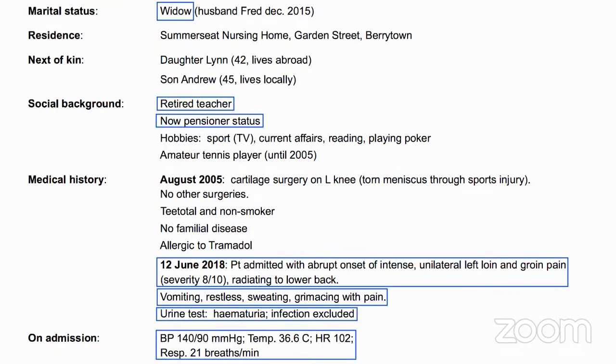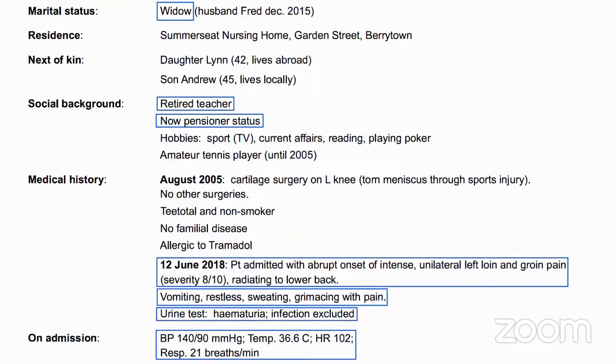The next one, 12th June, recent admission. Patient was admitted with abrupt onset of intense unilateral left loin and groin pain, severity 8/10 intense, radiating to lower back. And the symptoms, the problems he was experiencing: vomiting, restlessness, sweating, grimacing with pain.